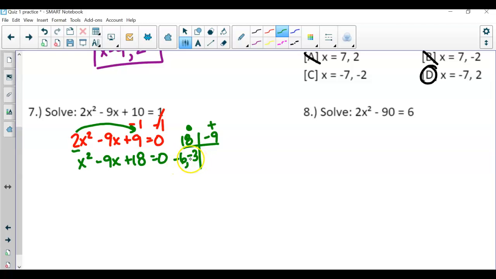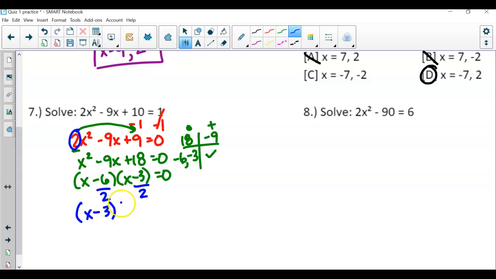Two negatives multiplying make a positive, and then adding to get you negative 9. So x minus 6 times x minus 3 is equal to 0. But are we done? No, because remember, right, whatever we multiply by, that a value, now divide by 2. So I've got x minus 3 times 2x minus 3 is equal to 0.